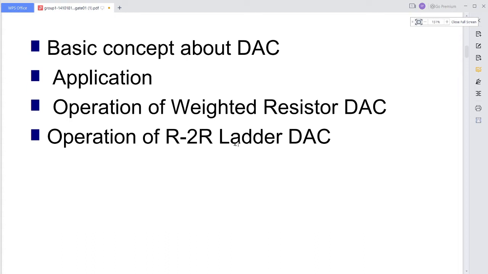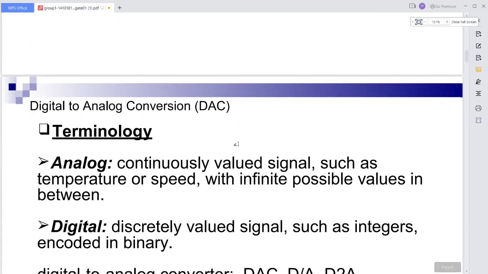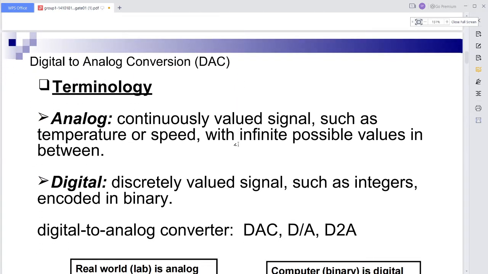So please concentrate more on this fourth unit. It is a very simple and easy unit, so that you can score the maximum marks from it. So we are going to discuss the weighted resistor digital to analog converter.